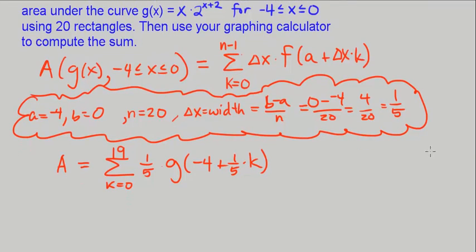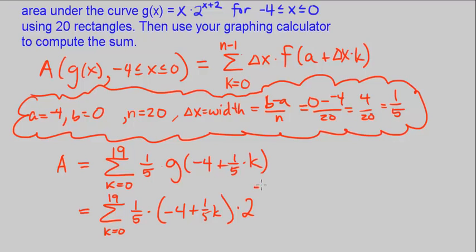So g of this, we're going to substitute every x with this input. Let's rewrite this. That's equal to sigma starting at 0 going to 19 of 1 over 5 times g of this input. So change x to be -4 plus 1/5 k, times 2 to the power of x plus 2.